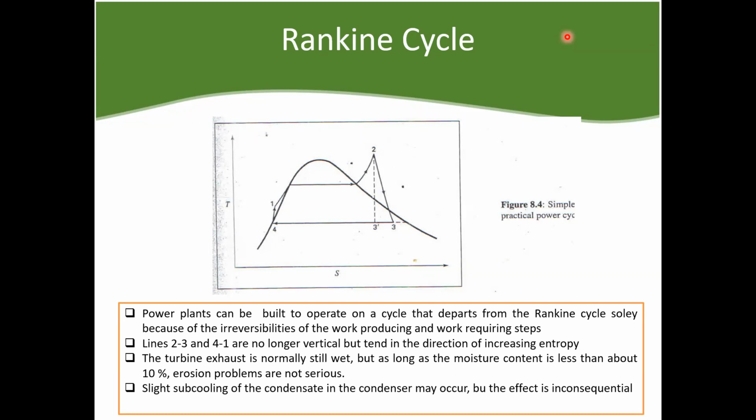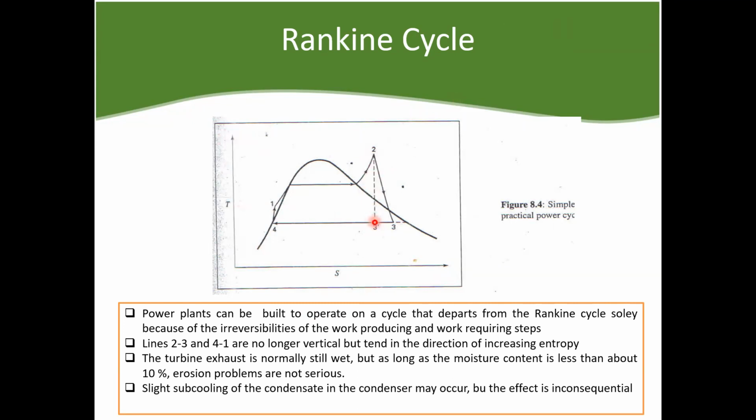So as I was saying, the actual power plants that depart from the Rankine cycle can be built to consider the irreversibilities of the work producing step, the turbine, and the work requiring step, the pump. So remember in the TS diagram, a completely vertical line means the entropy change is zero, meaning it's reversible.